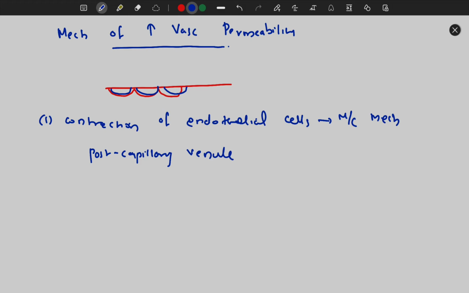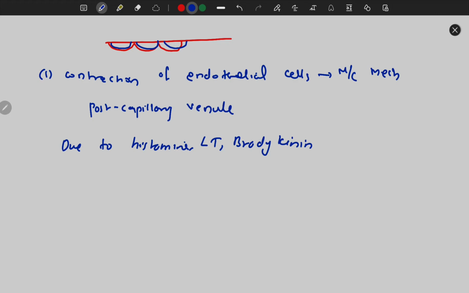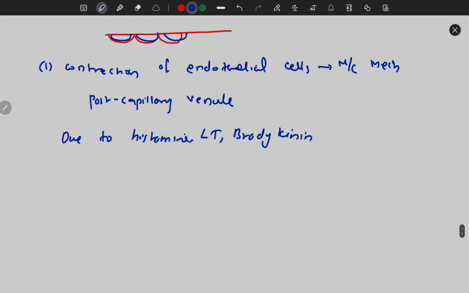The vascular permeability is increased due to histamine, leukotrienes, and bradykinin. So this is an immediate transient response, which happens in the duration of 15 to 30 minutes.